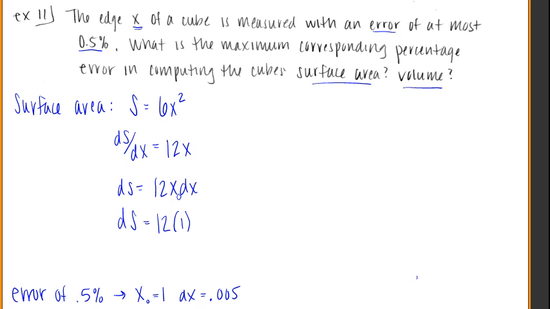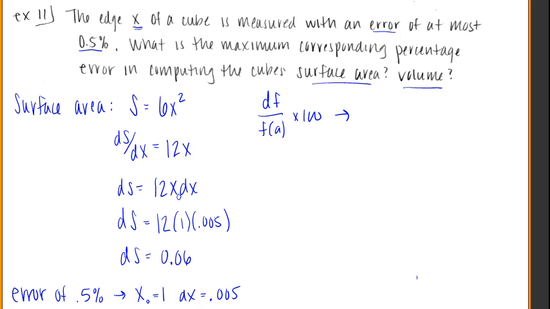Okay, so it'd be 12 times 1 times 0.005. In other words, the change in the surface area is 0.06. Now to fully answer the question of finding the maximum corresponding percentage error, we use the formula where it's the derivative of your function over the function evaluated at a point, times 100.